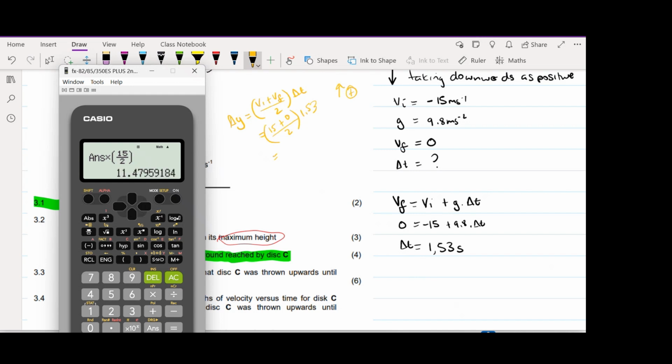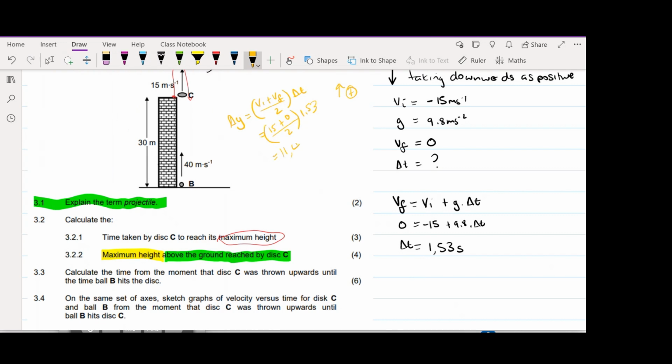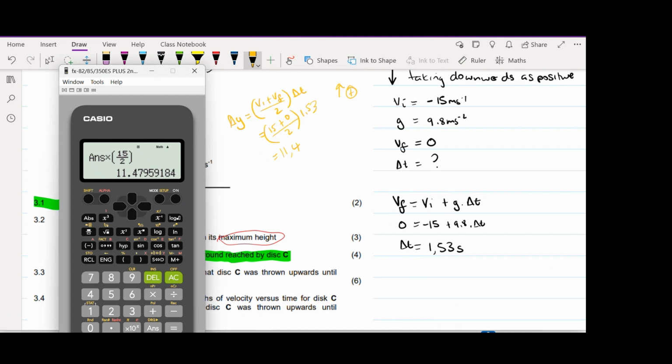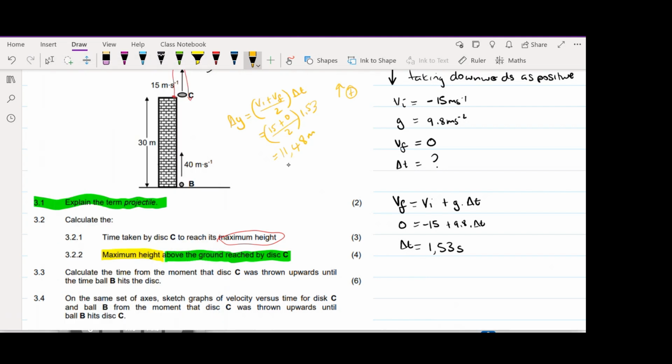That gives us a distance of 11.48 meters. So it reaches a height of 11.48 meters above this building.